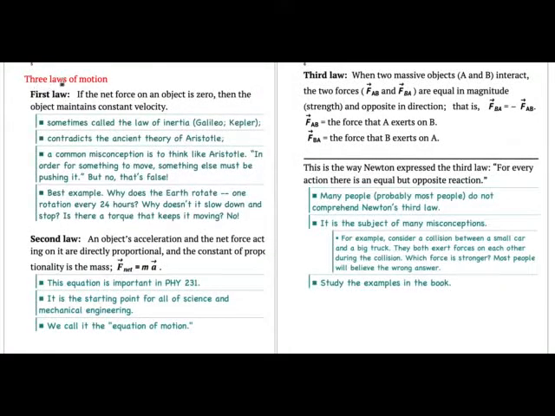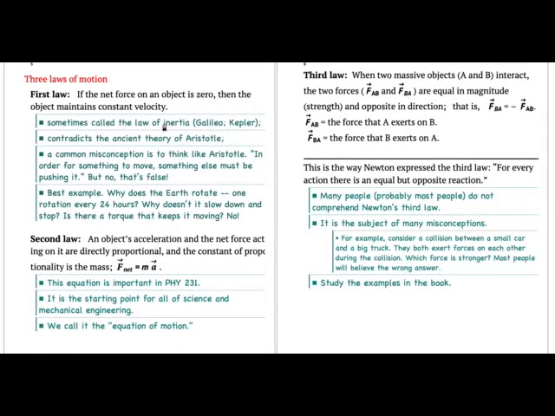So what are the 3 laws of motion? The first law says, if the net force on an object is 0, then the object maintains constant velocity. This is sometimes called the law of inertia. It was described by Galileo and Kepler as an example of inertia.